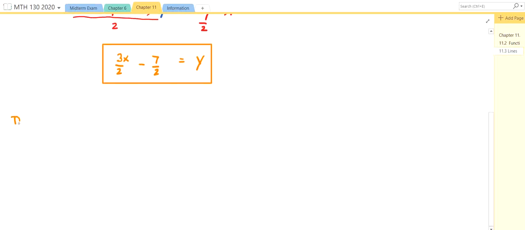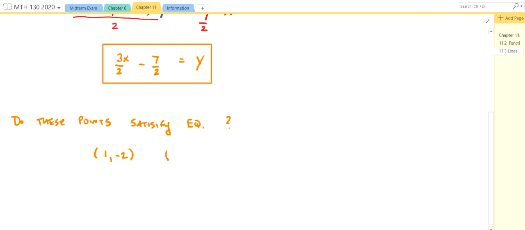I might ask, do these points satisfy the equation? Maybe I'll ask it about this point where x is 1, y is minus 2.